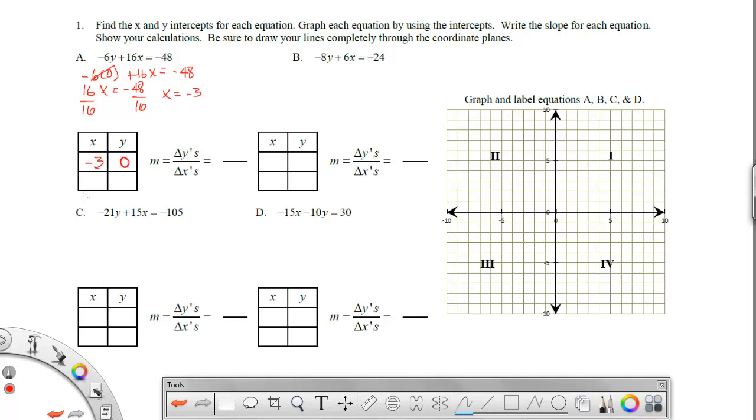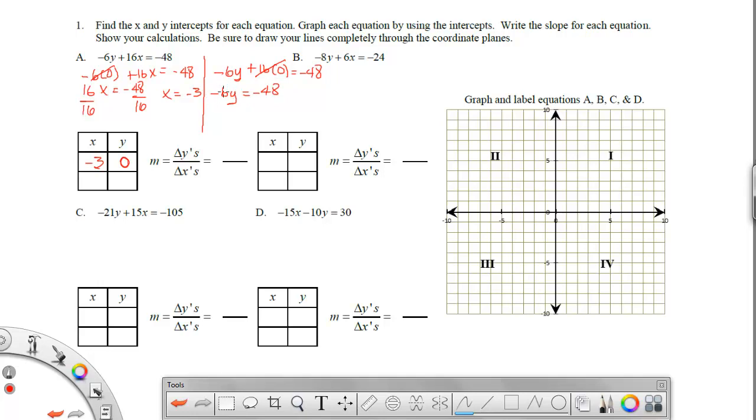So there's my x-intercept. Now I want to find my y-intercept. So let's come over here to the other side, and we know that when x is 0, that leaves an equation with just the y, so I can find the y-intercept. So we'll have a negative 6y plus 16 times 0 equals a negative 48. We know that cancels the 0. 0 doesn't have any value, so now this equation becomes a negative 6y equals a negative 48.